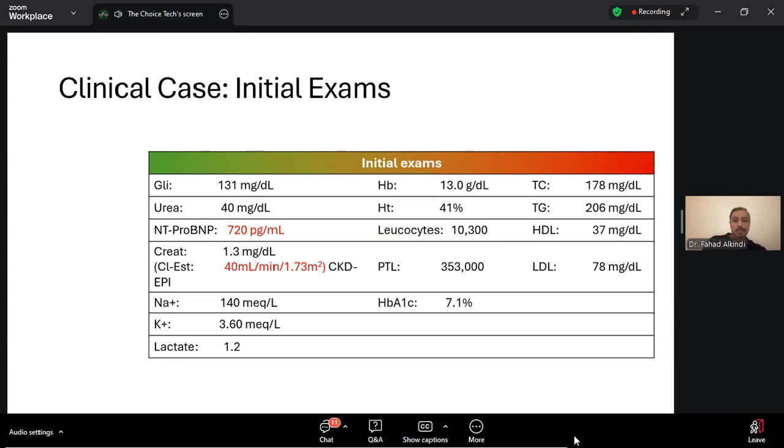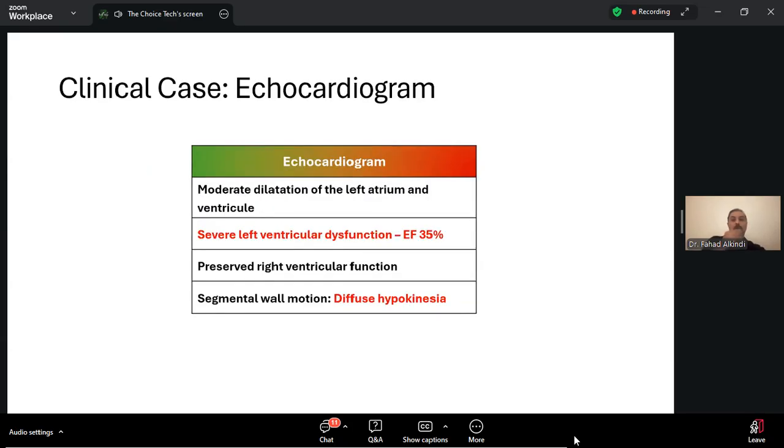So most likely the heart is dilated, and her pro-BNP was found to be high, 720, with a mild renal impairment. Echo was also done during this admission, and it showed the low ejection fraction of 35% as it was before.